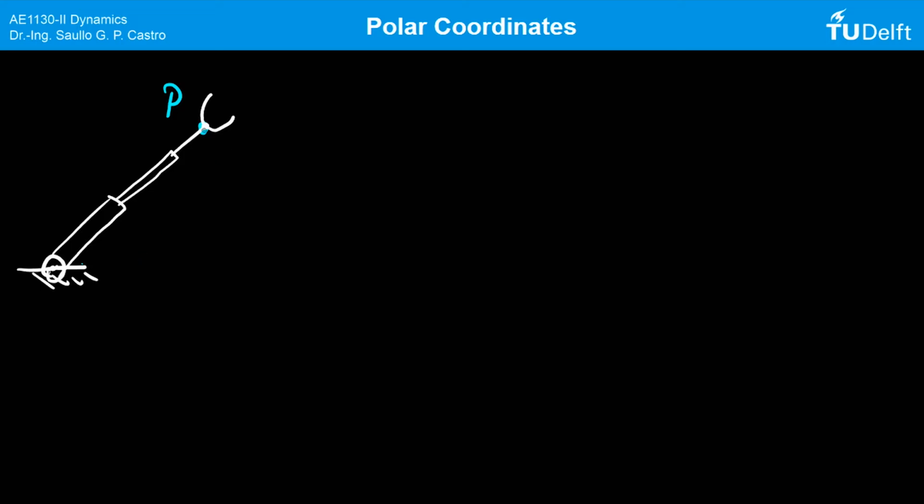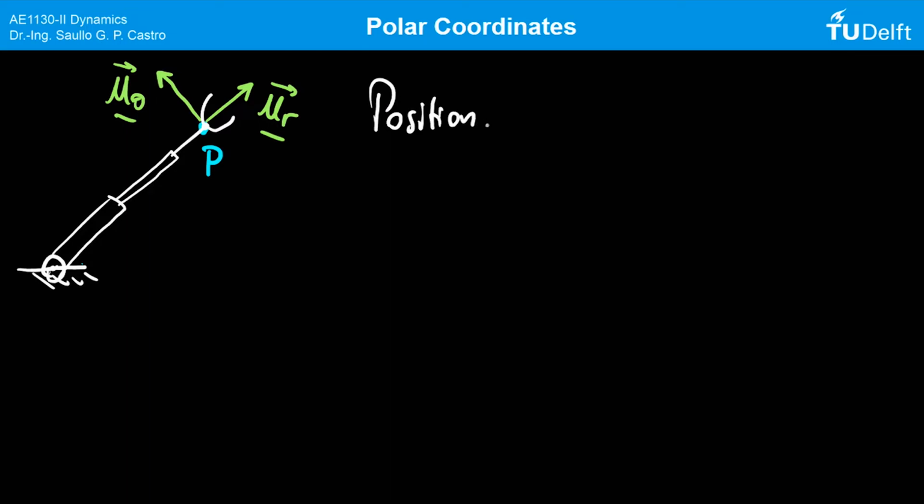Imagine that we have the following robotic arm for which we have to track the position of point P. If we can define base vectors such as ur and u theta shown here, we then might be able to track the position of point P just by r ur, where r is the radial distance between point P and the rotation axis.